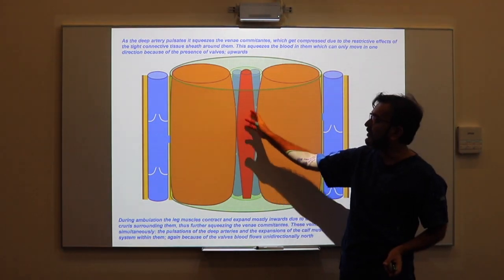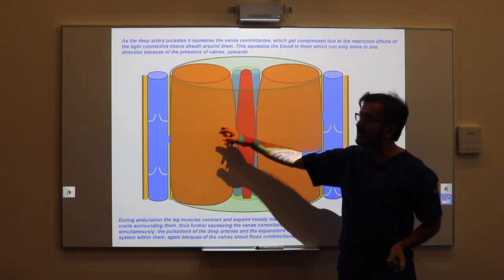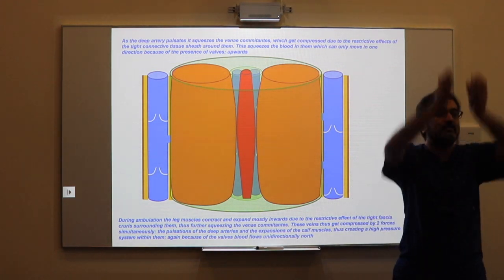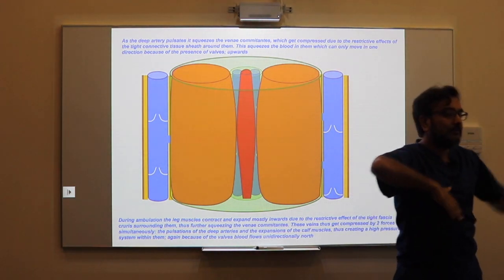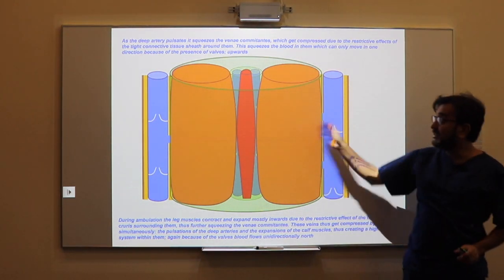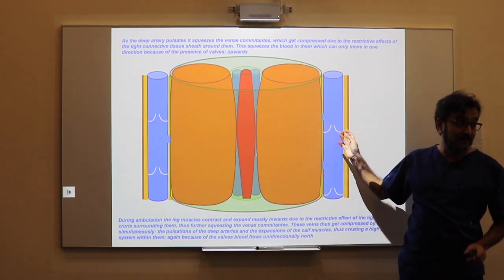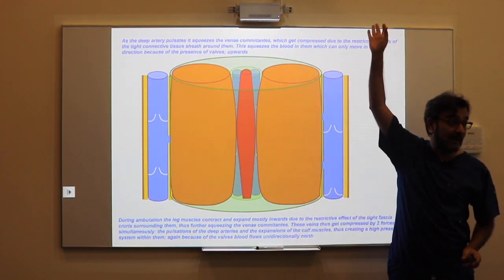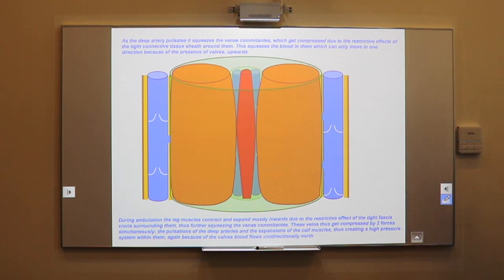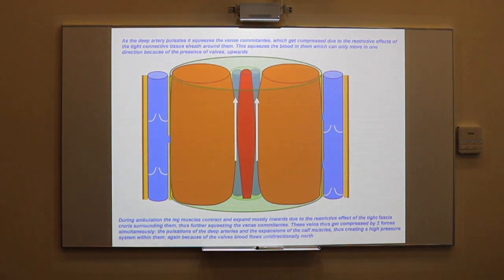So the arteries are compressing the deep veins, and you have compression by the muscles. This will push the blood up. It cannot go the other way because you have the valves, so it can only go up. That's how your calf muscles act as a peripheral heart, pushing the blood up. This is the only way the blood can go: up through the deep veins.